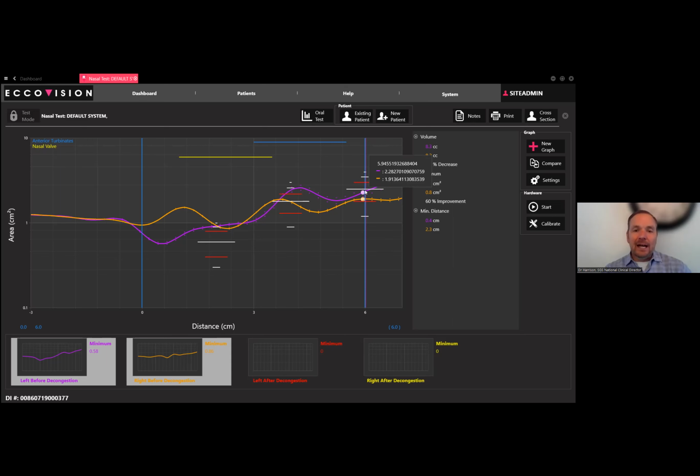So that's it for rhinometry. It's a quick assessment. It gives us great information. If there was a problem, the line would tank off and drop. So once the sound hits something that it can't get past, it reflects back to the microphones that are in the instrumentation, and we'll see that line just drop to 0 because it couldn't get past it.